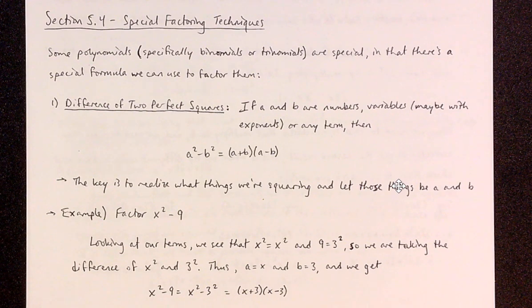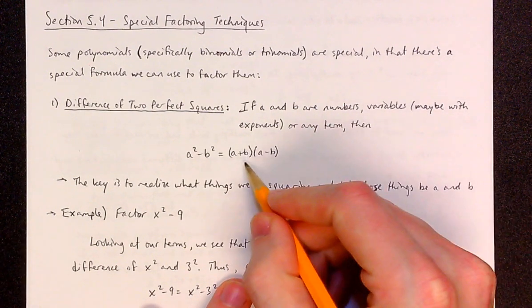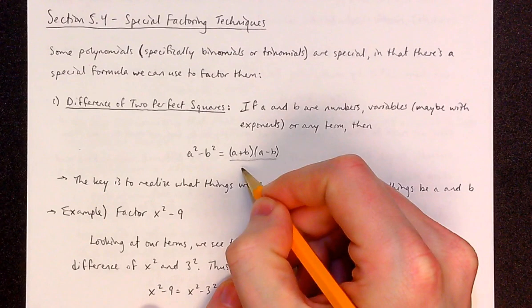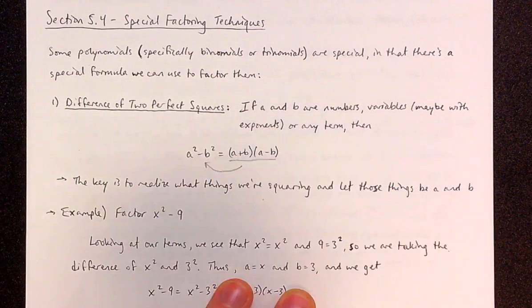So if A and B are either numbers or they're variables, maybe there are exponents, maybe it has numbers and variables, or just any kind of term whatsoever, then A squared minus B squared is equal to A plus B times A minus B. What we saw back in chapter 4 was we were given something that looks like this, and we turned it into something like that.